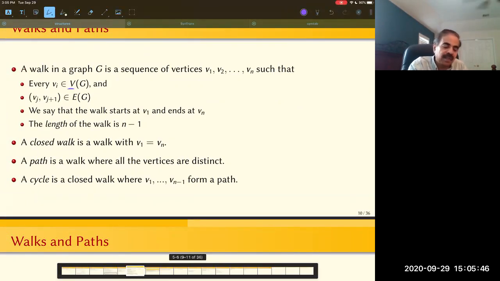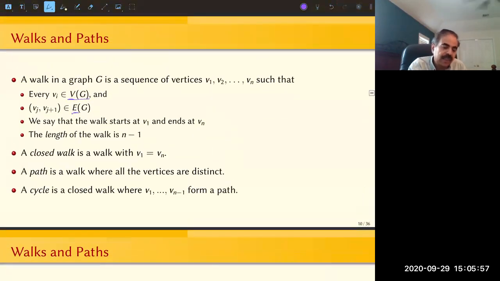So sometimes we call it V of G to denote that it's the vertices in the graph G. And then we have edges, which are denoted using the notation E. And the way the edges are represented is basically the way we represent relations, right?